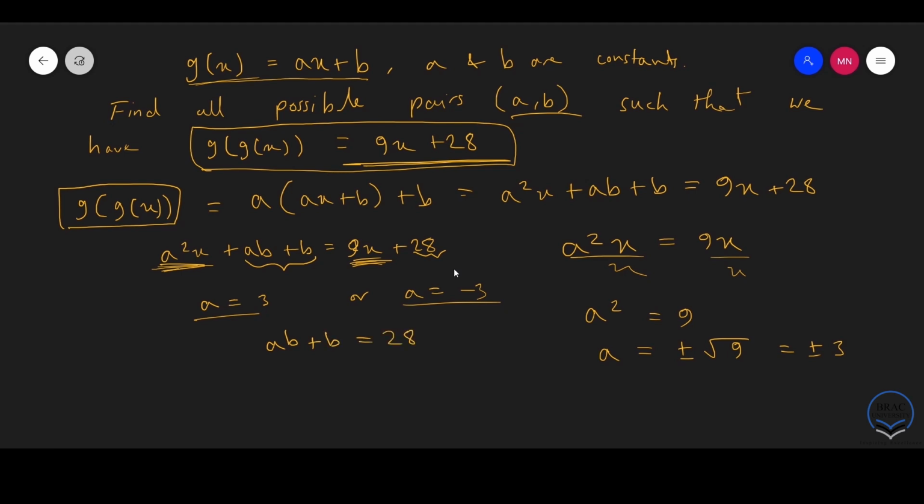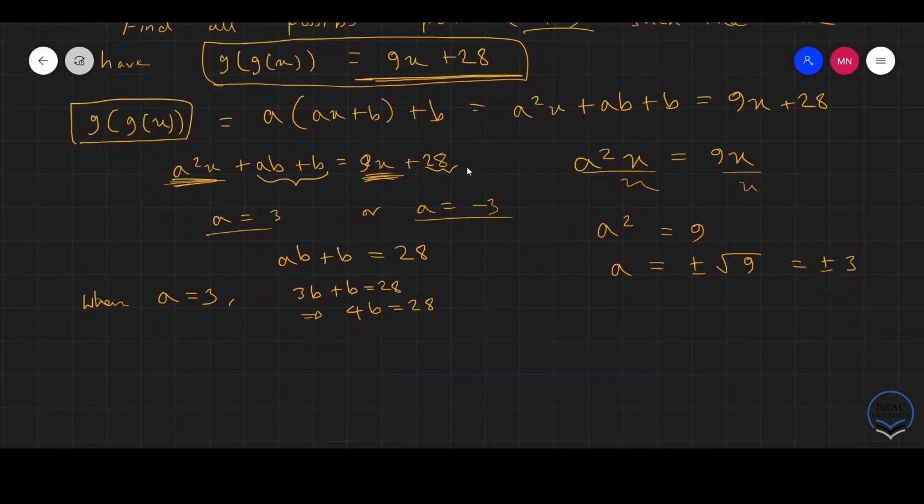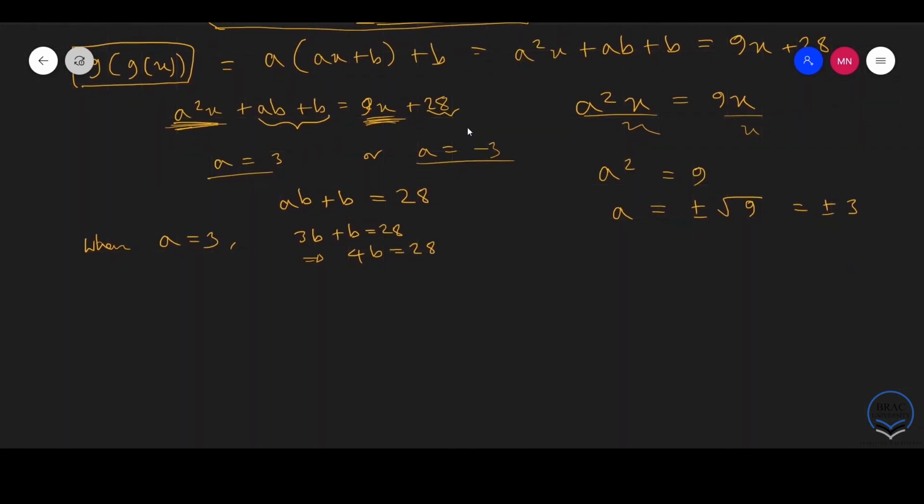Now when a is equal to 3, we have 3b plus b is equal to 28, and this is 4b equals 28. We divide both sides by 4, and this gives us b is equal to 7. So when a is equal to 3, b is equal to 7.